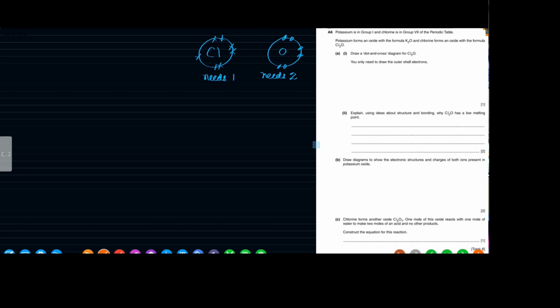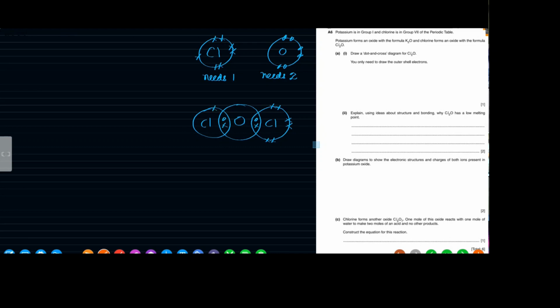So you decide this is covalent bonding. You need 2 chlorine atoms for 1 oxygen atom. Anyway, everything is given in the question, right? And since chlorine is sharing 1 electron, oxygen is also sharing 1 electron. So it goes like this.